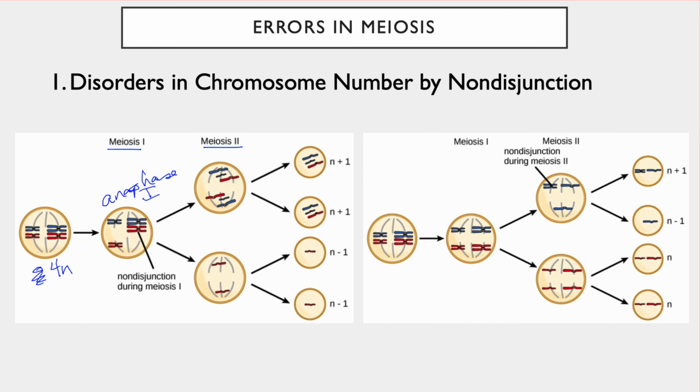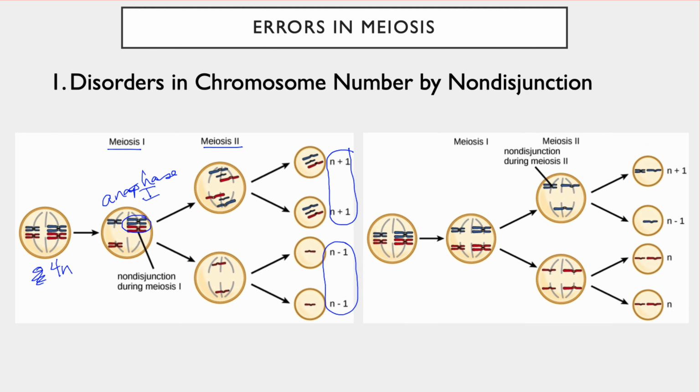Well, if that doesn't happen, and say one side gets all 4 sister chromatids, then that has a detrimental effect in the end of the 4 gametes that you get. It turns out 2 gametes will have 1 extra chromosome and 2 gametes will have 1 less chromosome.